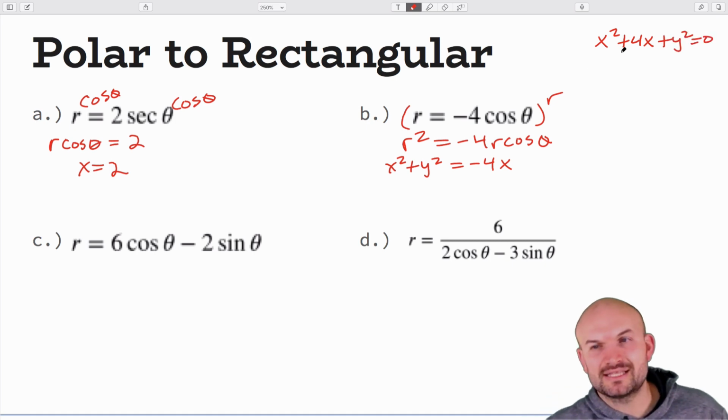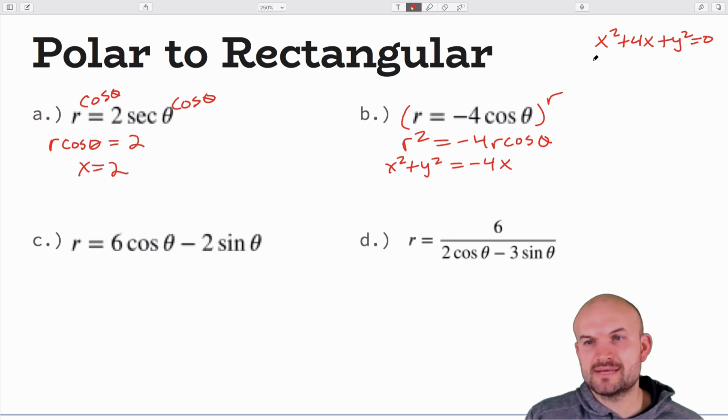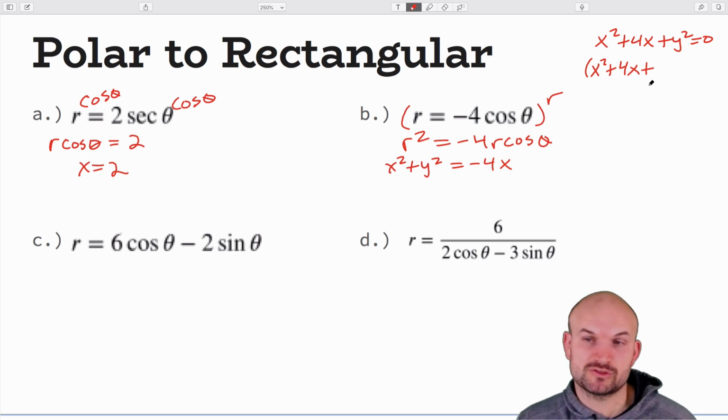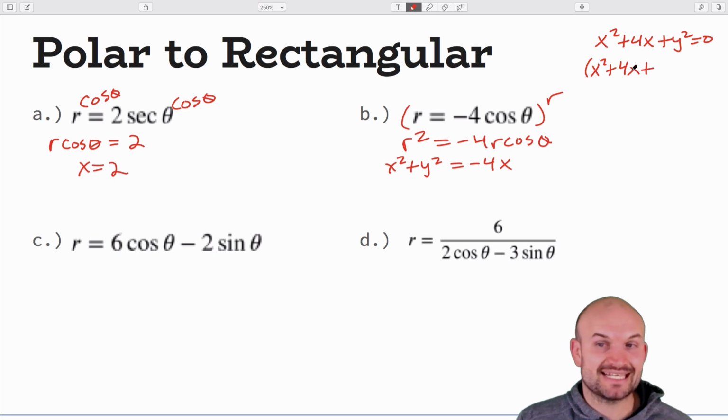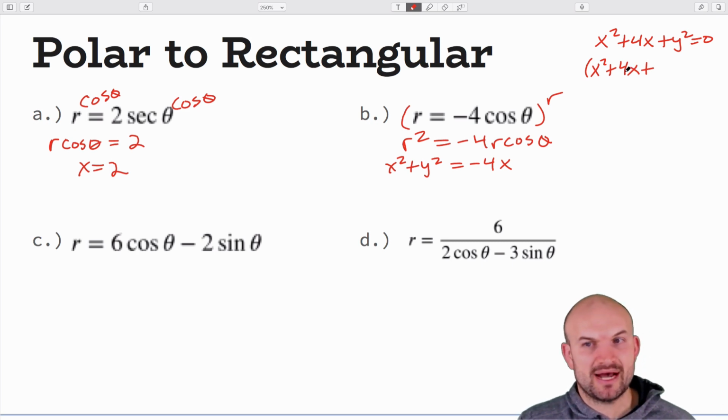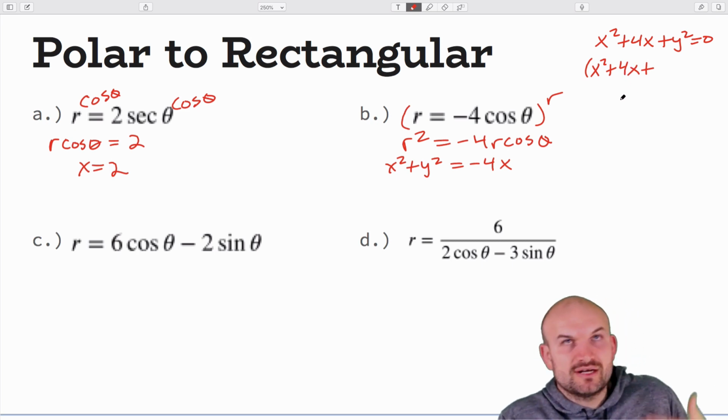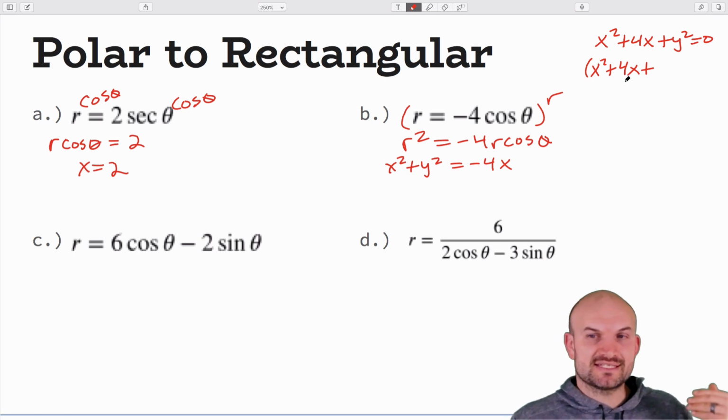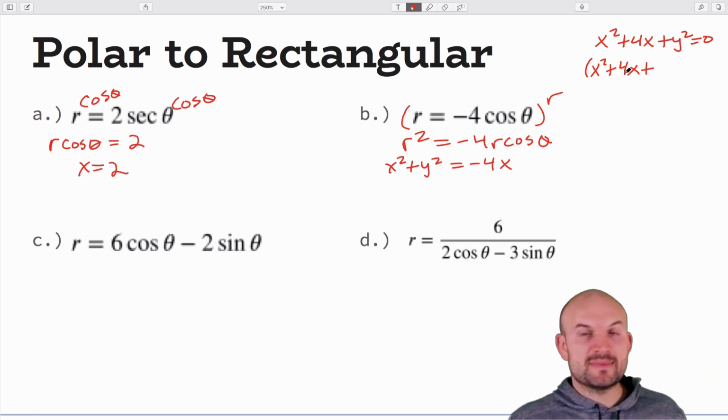And then again, if I wanted to create this as a perfect square trinomial, like x squared plus 4x plus what number is going to make this a perfect square trinomial? Meaning what number, where the exact same number added twice gives me 4x, what would they multiply to? Well, what is the one number that's exactly the same that adds to be 4? That's 2, right? 2 plus 2 is 4.